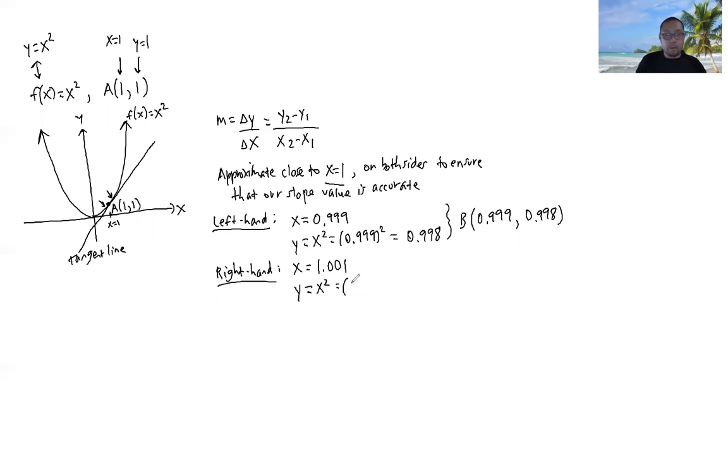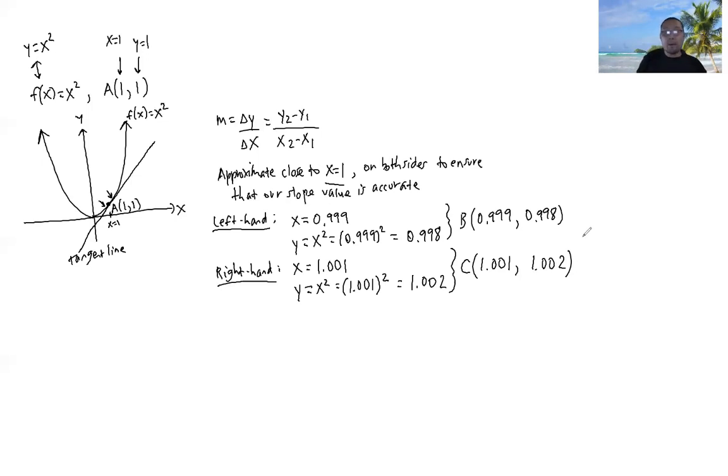And so we're going to plug in our x value now, 1.001 squared, and that's going to give you 1.002, okay? Now let's call this our third coordinate. Let's call it C, which is going to be 1.001 as our x, 1.002 as our y, okay?